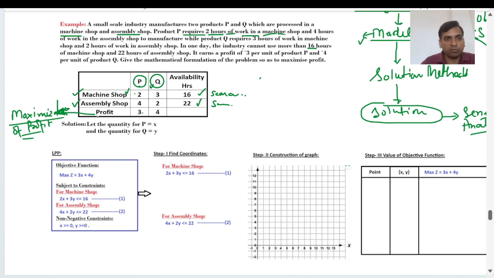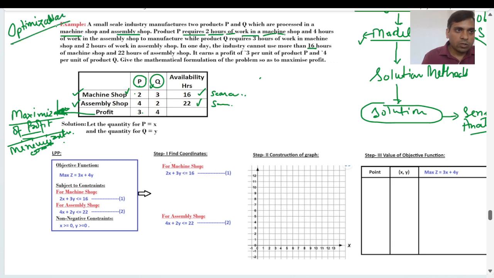If this is not a profit, in certain cases this may be cost. So the objective of a business owner is minimization of cost. So sometimes it is minimization, sometimes it is maximization. In general we will say optimization. If this is the case of things which should be minimum, this is a minimization case.